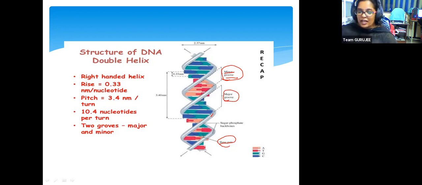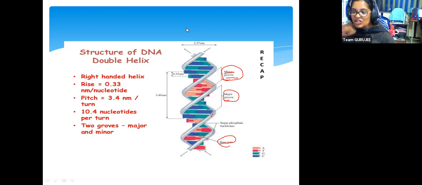The turn will be clockwise, so it is called a right-handed helix. Next, between nucleotides, the space will be 0.33 nanometer. For each nucleotide, the gap will be 0.33.